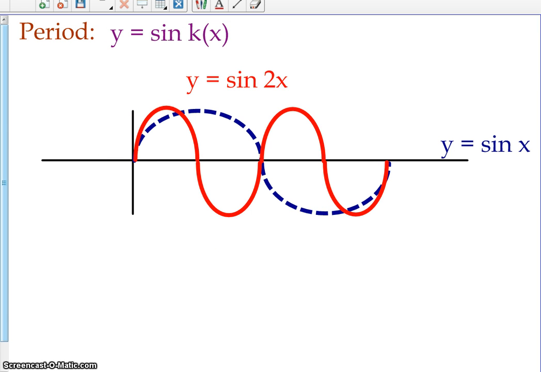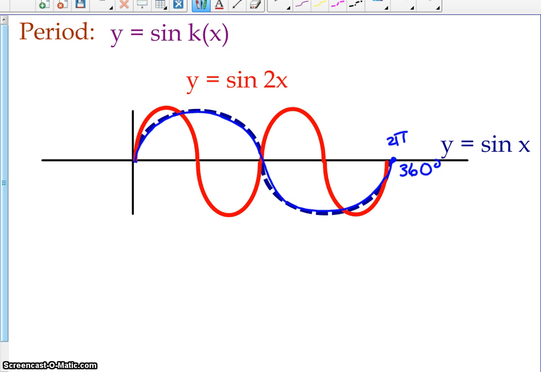Now, period, I think this is one of the most difficult concepts. A period is the time or the length it takes to do one complete rotation. So here in the blue, our period is our usual. If it's degrees, it's 360 degrees. If it's in radians, it's 2 pi radians to do a complete cycle.